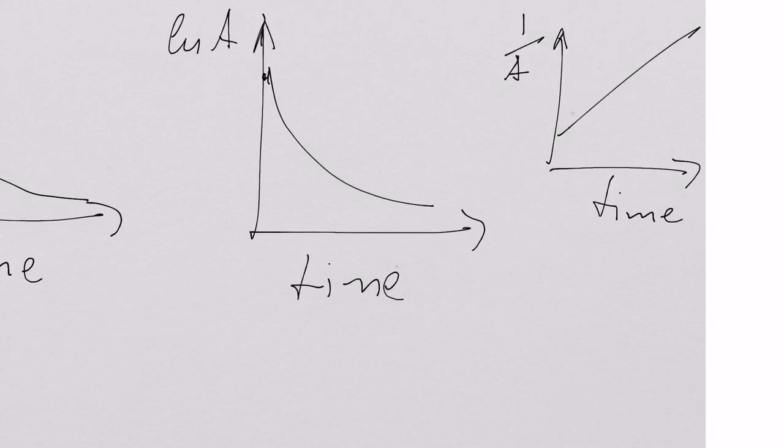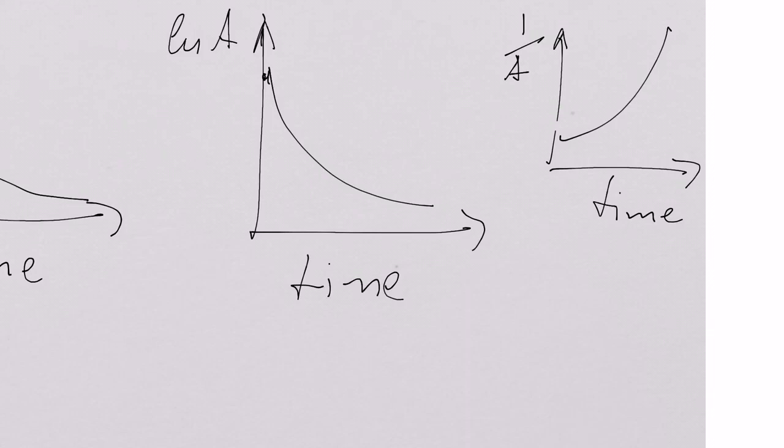What happens if I would get something like that? I know it's not a second order. That means either it is not a second order, or what else could it be?